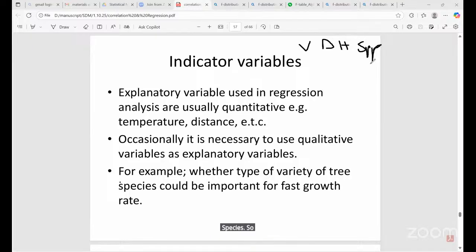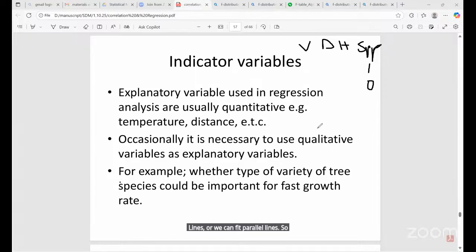Under species, we have species 1 and species 0. Let's say there are 2 groups only. So we want to find out whether we can fit one regression line onto species 1 and 0, or we can fit separate lines, or we can fit parallel lines.